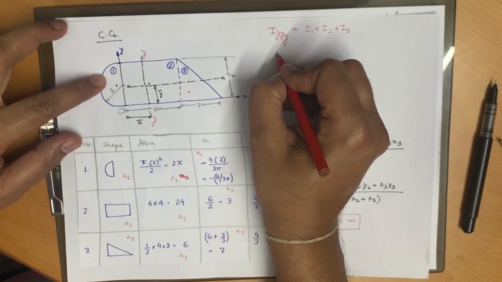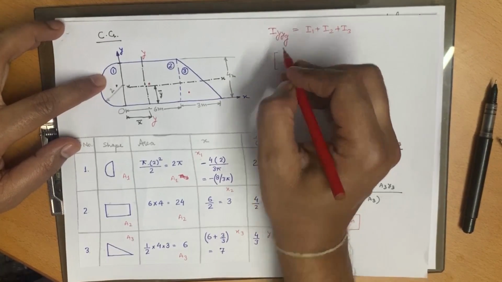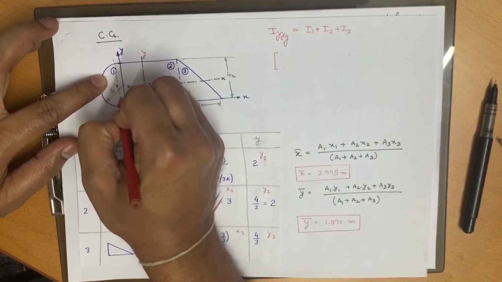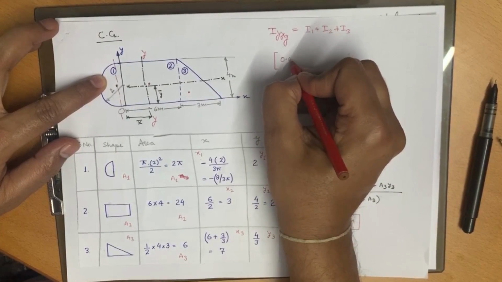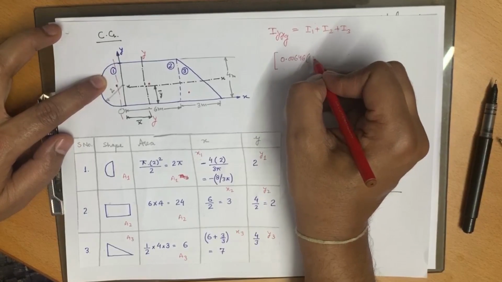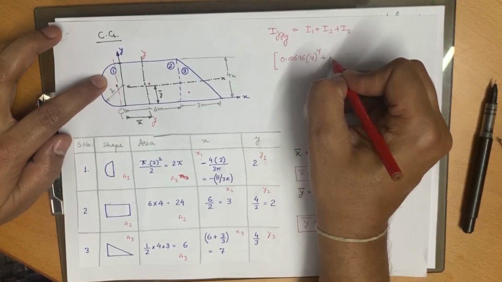I1 is for this, right? Now for this you have to find out the moment of inertia about this axis, and about this axis it is 0.00646 d to the power 4. What is d? 4 to the power 4, plus parallel axis theorem.